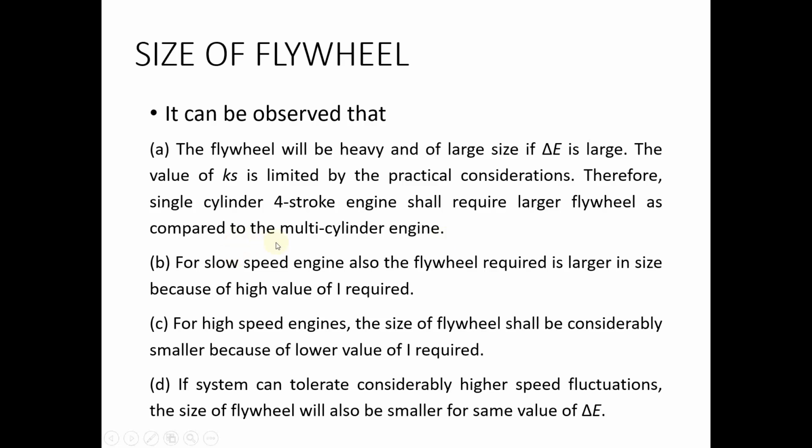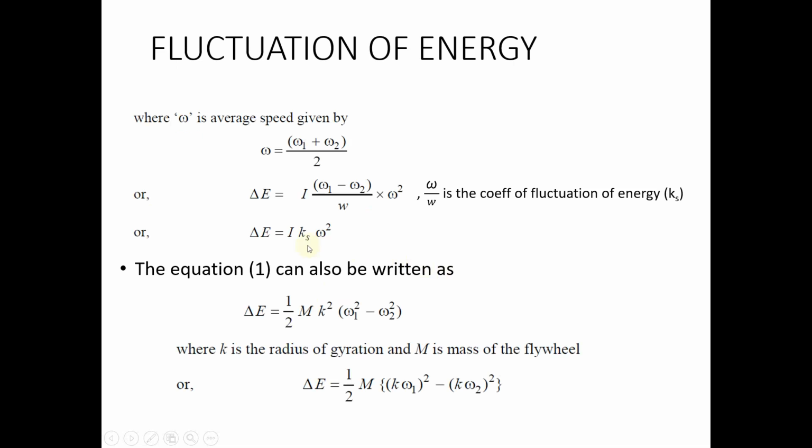Next, for a slow speed engine, that is if omega is less, again the flywheel size required is larger because of the high value of the moment of inertia that is required. If the rotational speed is lesser, and here in this equation we can see rotational speed omega is less, the Ks value we cannot vary beyond a certain limit.